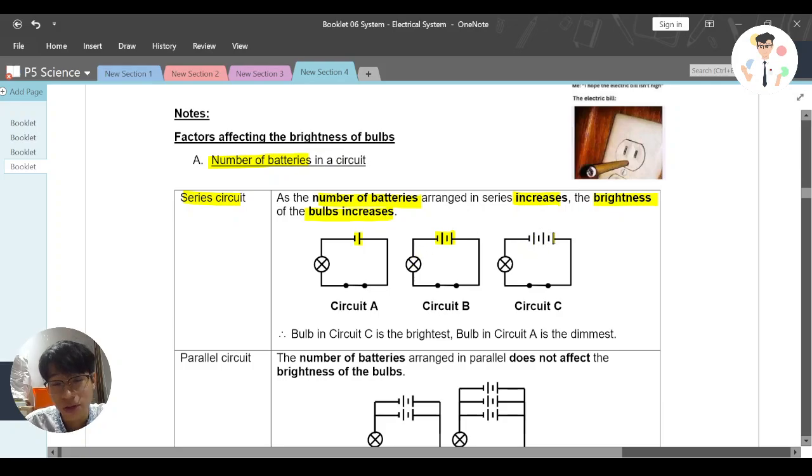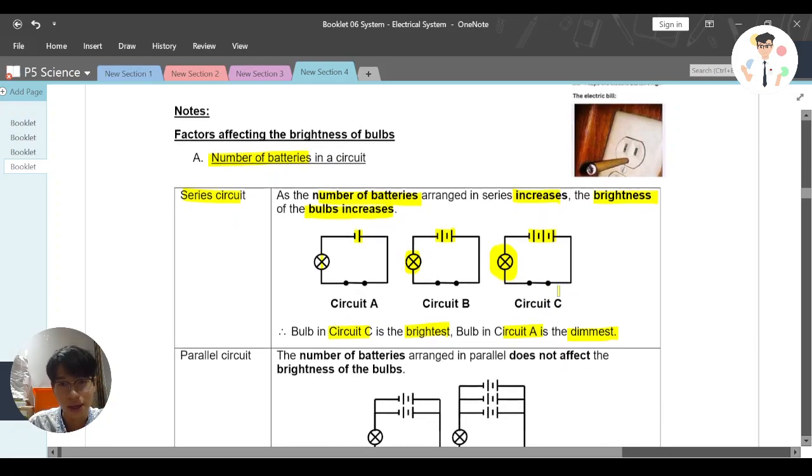And if I have three batteries, it will be the brightest. That's why the bulb in circuit C is the brightest, and the bulb in circuit A is the dimmest. So the more batteries there are, the brighter the bulb is. It's kind of logical, right? Put more batteries, so it's brighter.